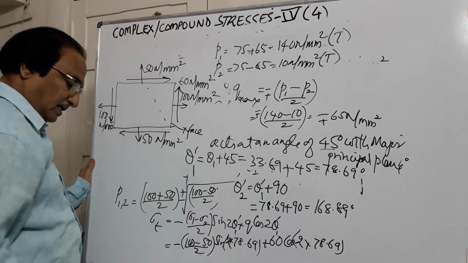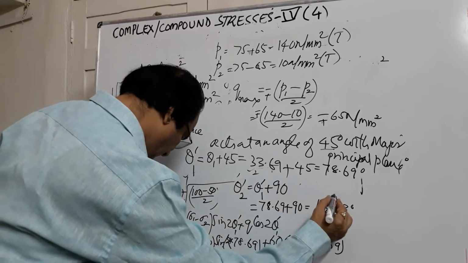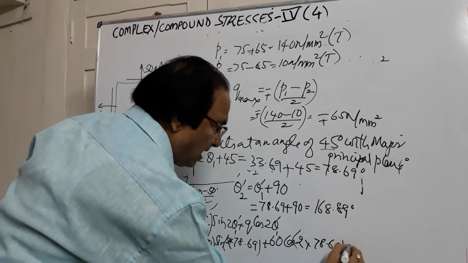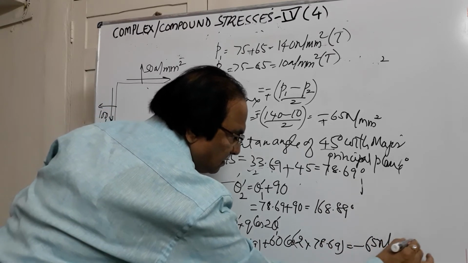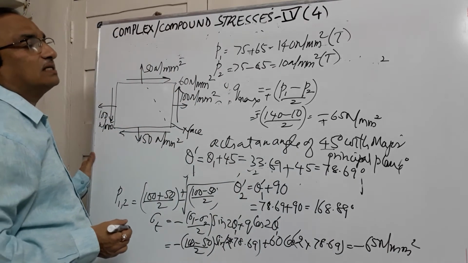If you simplify this, you get the value of q max as minus 65 Newton per mm square.